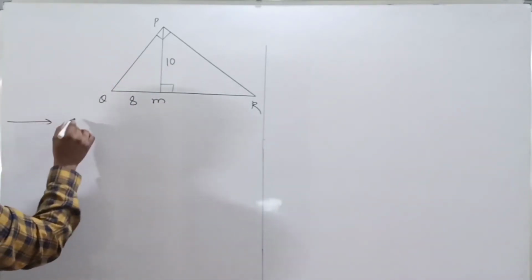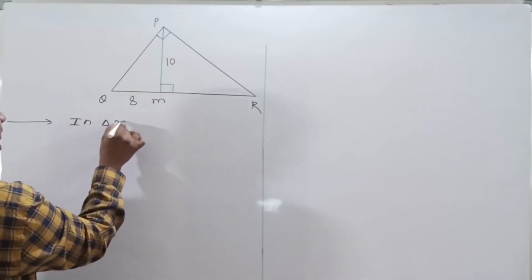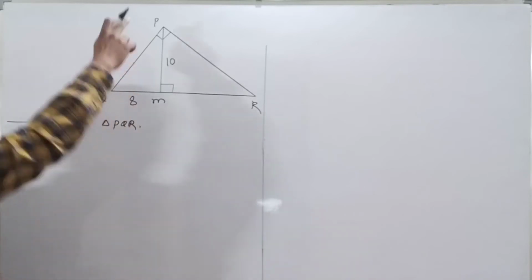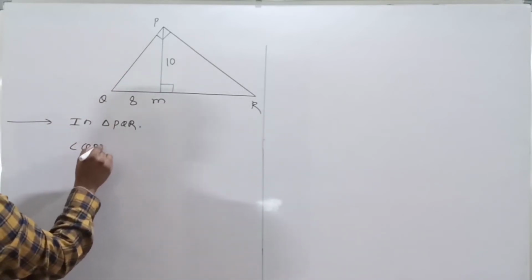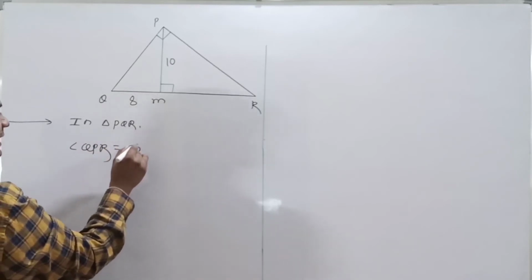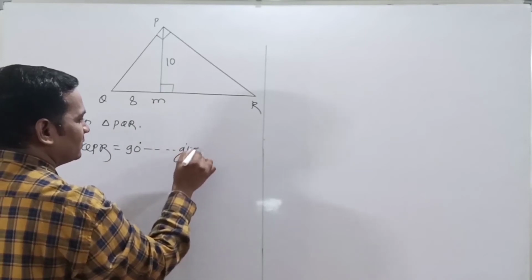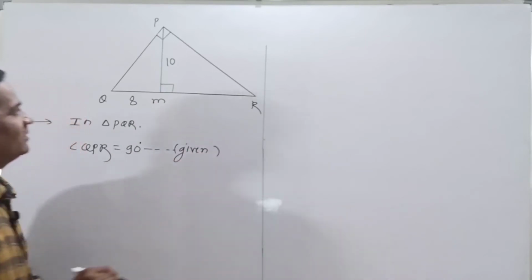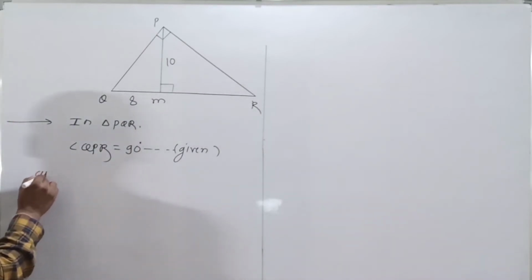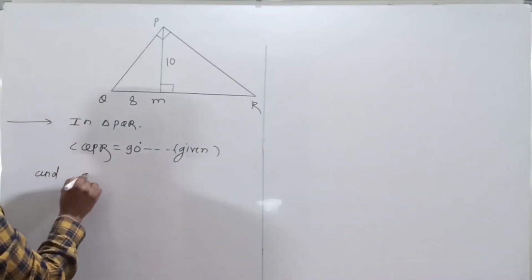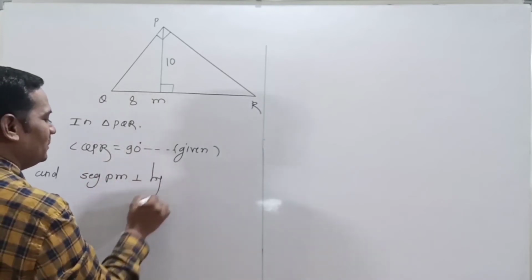So again we will write, in triangle PQR, angle QPR is equal to 90 degrees. Okay, this is given. And segment PM is perpendicular to the hypotenuse.